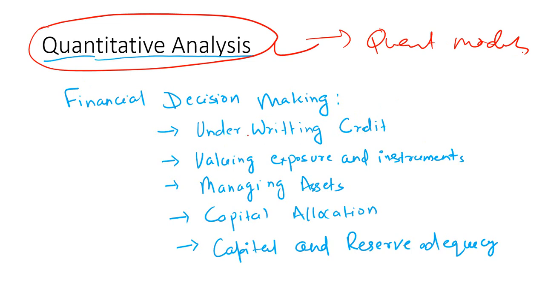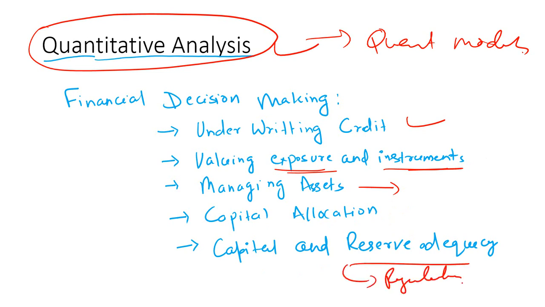People use it for underwriting credit, for valuation of exposure and instruments like options, futures, and so on. Managing assets, for that also people use quantitative analysis. Capital allocation, liquidity allocation, and then capital or reserve adequacy, which is for regulatory purposes. So for a variety of financial decisions, banks and insurance companies use quantitative analysis.